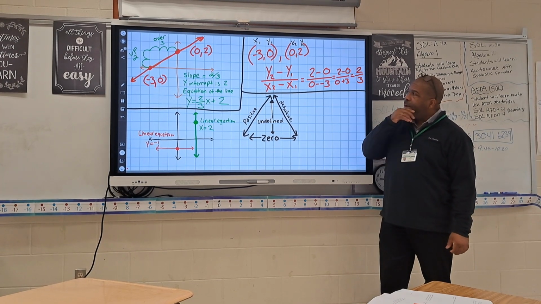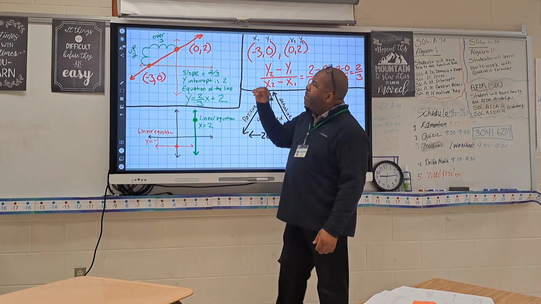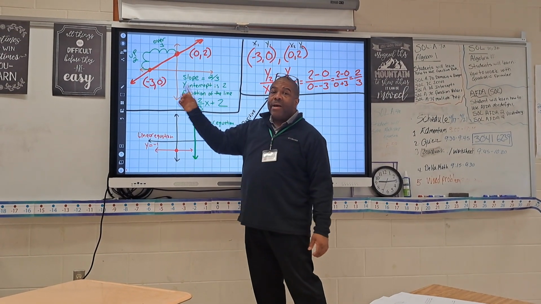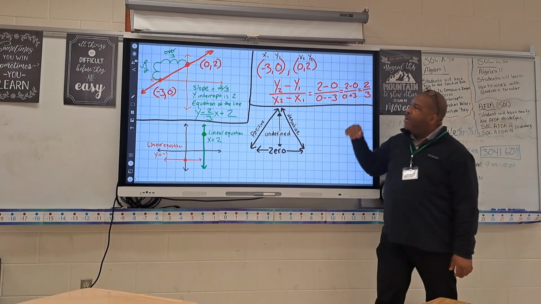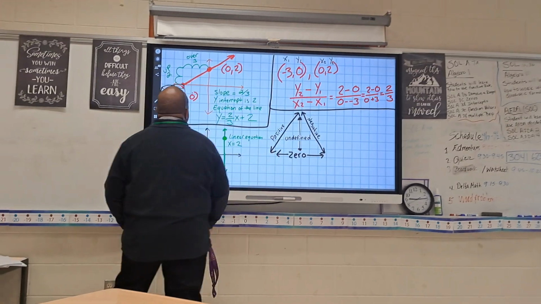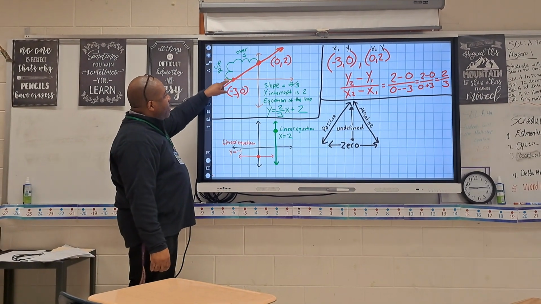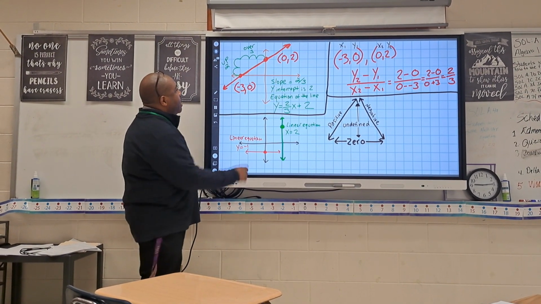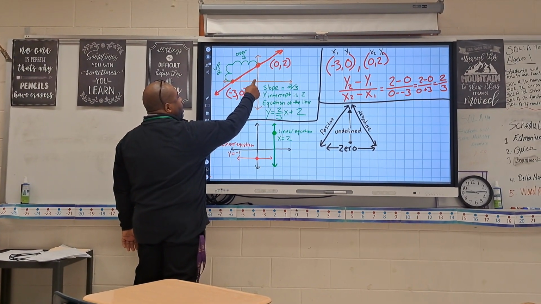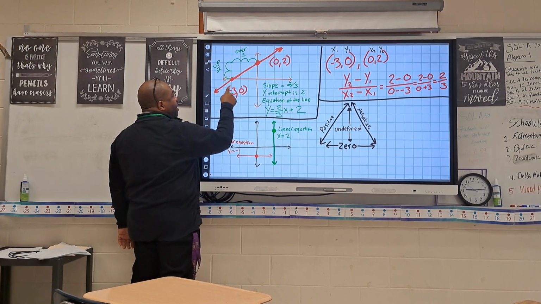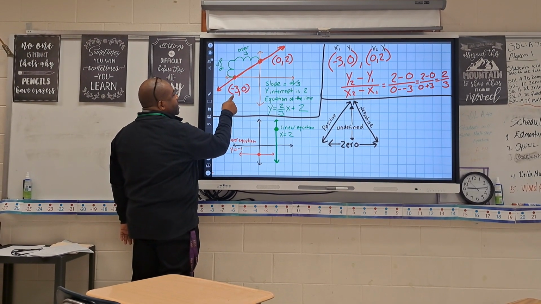All right, with that being said, we measure slope by counting or by doing the point slope formula. So if we're counting, it's pretty simple. This point here is -3, 0. Here's our 0 point, our point of origin, -1, -2, -3. That's why the x is -3.